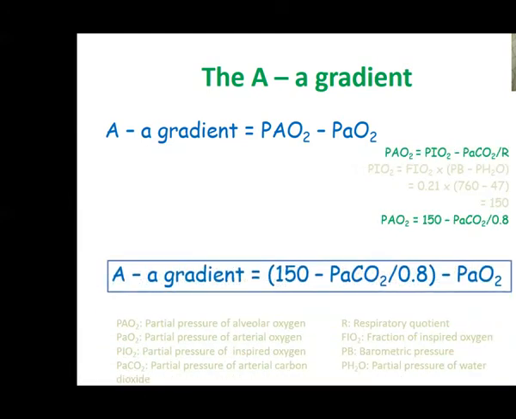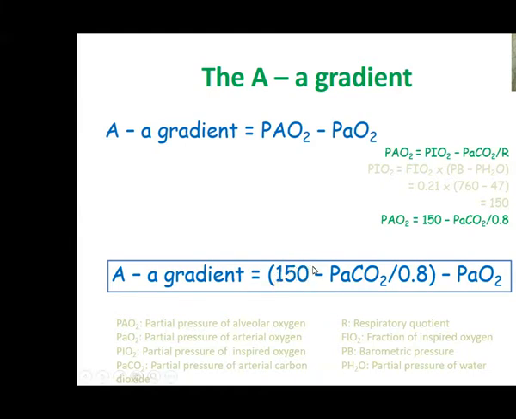And how do we calculate this? You should remember this formula whenever you go to the ward, and if you find anybody has got low oxygen with normal carbon dioxide, this formula gives you a very good idea what could be the possible cause of hypoxia.